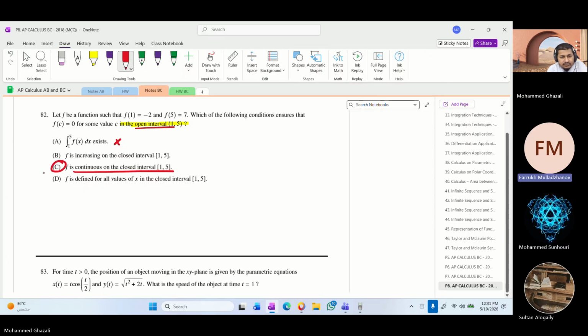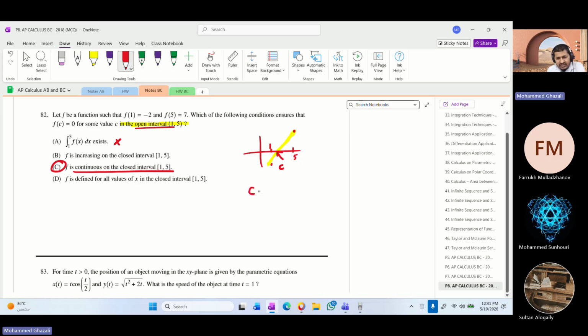Look, f of 1 is equal to -2 and f of 5 is 7. So you're looking for a point in between. The function has to be continuous on 1 and 5, and it needs to be differentiable. Not necessarily increasing, though in this case it is, because you're looking for this point c where f of c is equal to 0.